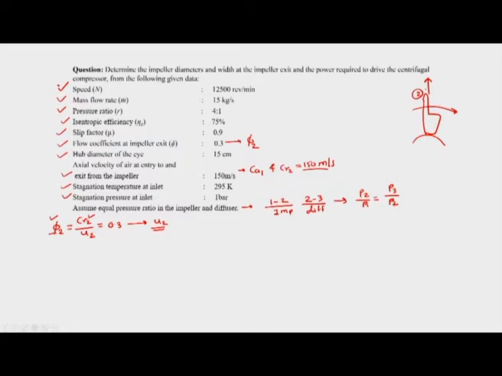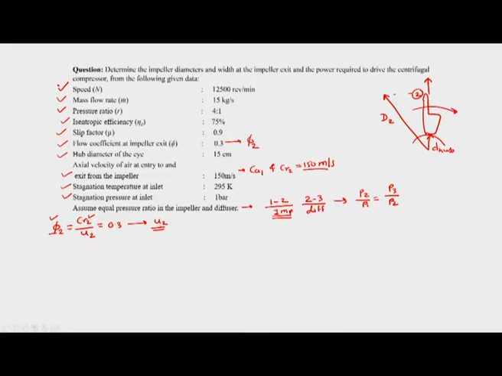This is the diameter of the hub, D hub, and this is 3, the radius corresponding to diameter D3. This is 2, so this is D2, since 1 to 2 is the impeller. So now we know D2.